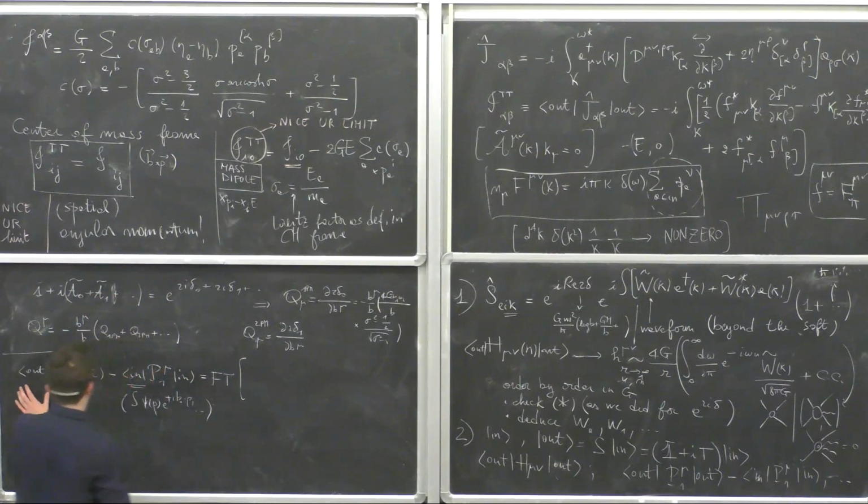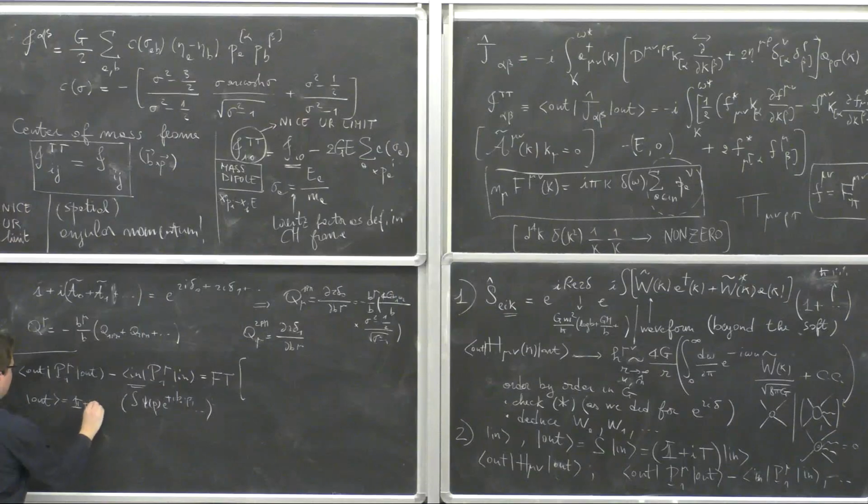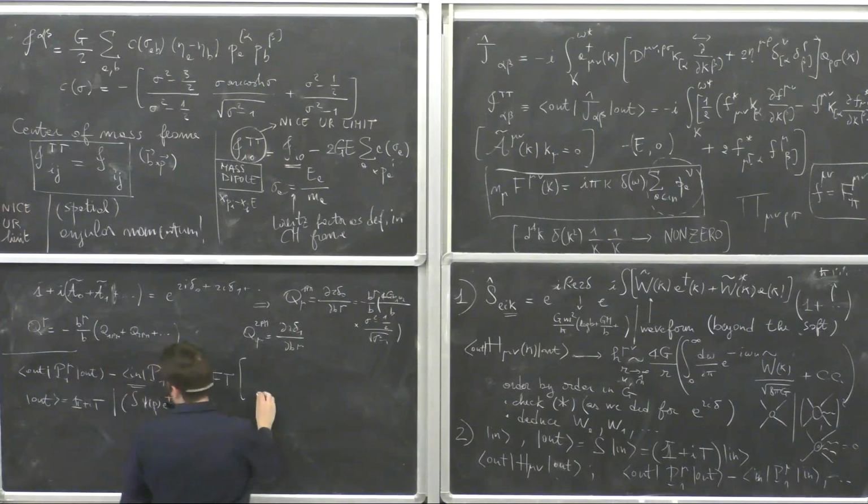So here what we get, remember, is, so out is 1 plus iT. Let me start from the one in which out is T star.